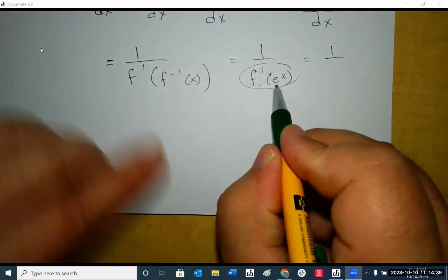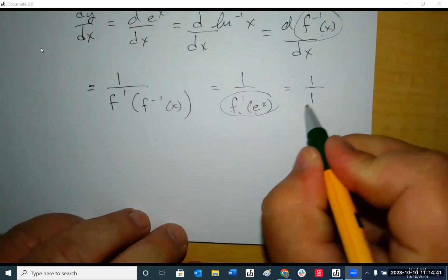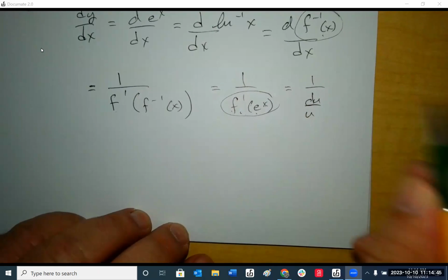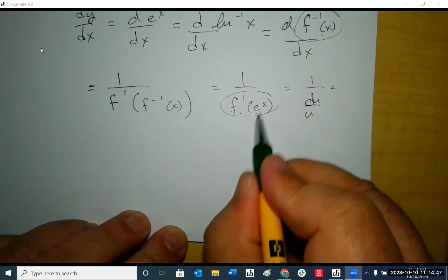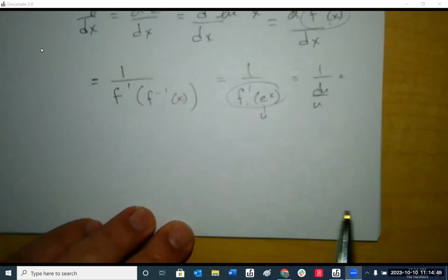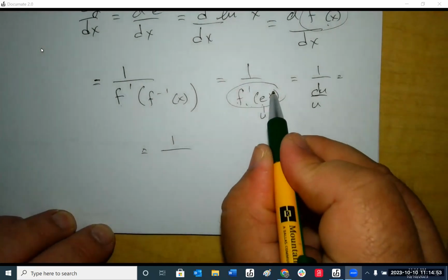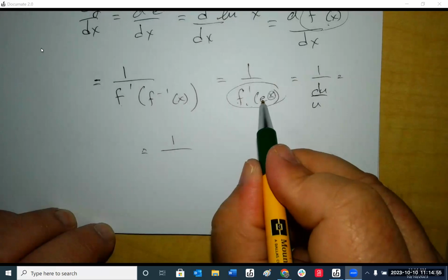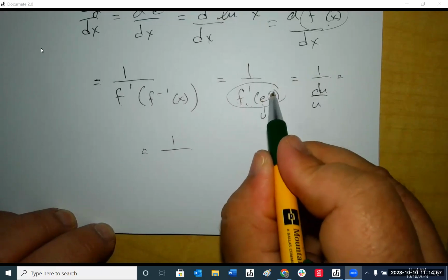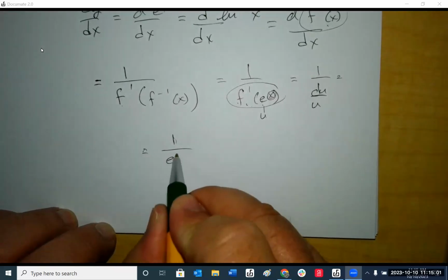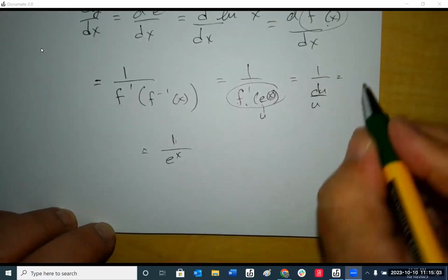So the derivative is du over u. This is u. The derivative of e to the x, e^u, is 1 over 1 over e to the power x.